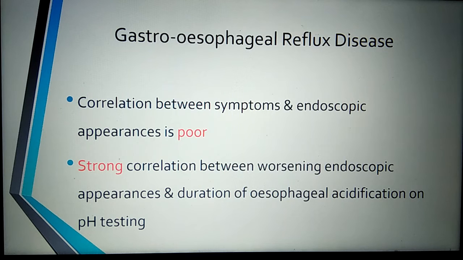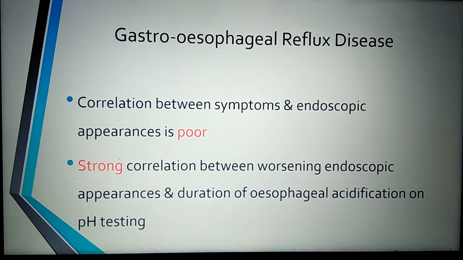Remember the two important facts here. Usually the correlation is poor between symptoms presented by the patient and the appearance of features during upper GI endoscopy. These cannot be correlated. Very poor correlation is there.